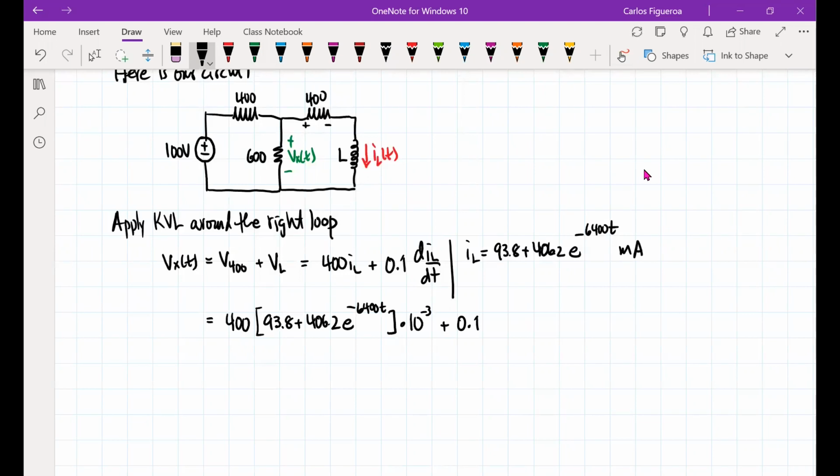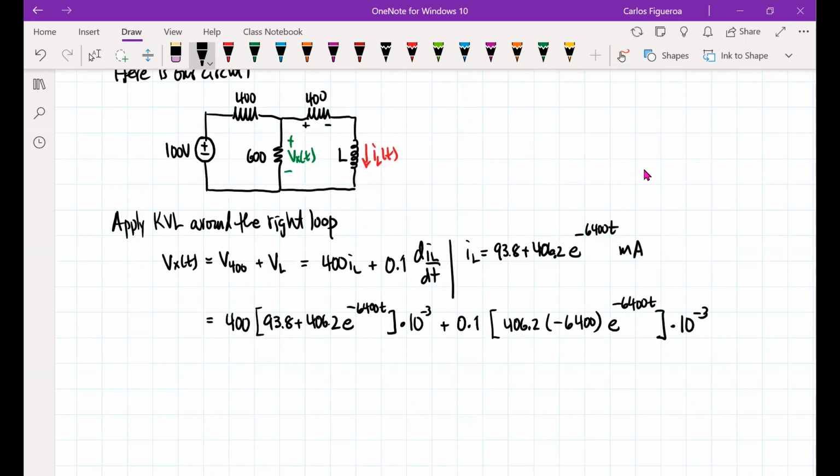We've taken the derivative already before, but we set t equal to 0; in this case, I'm not. So I'm going to have 406.2 times the derivative of the exponential, which brings down minus 6400, and then I get my exponential term right back. And because it's milliamps, I have to write minus 3.